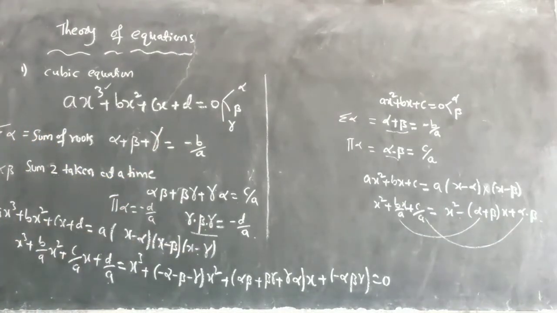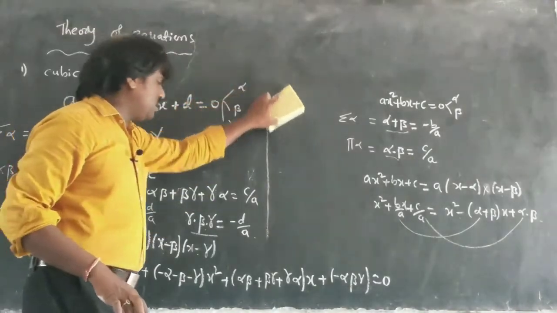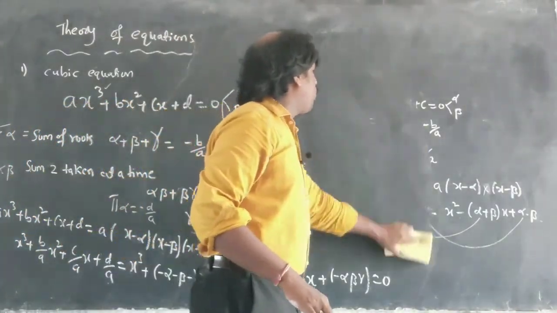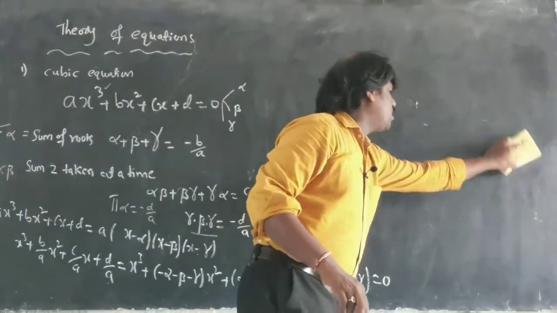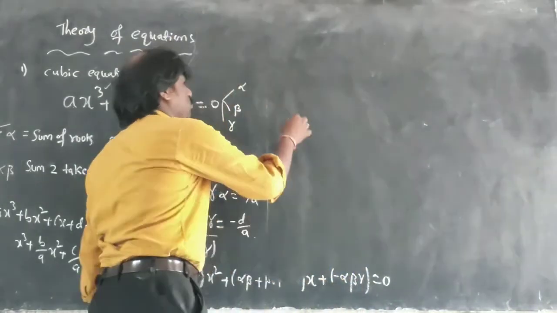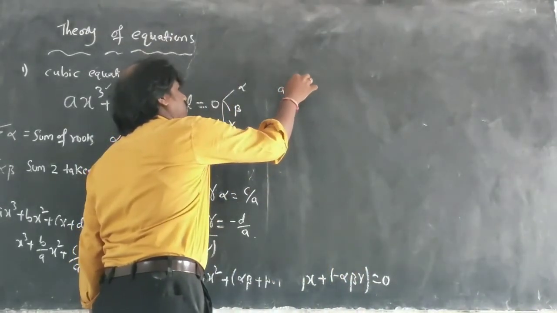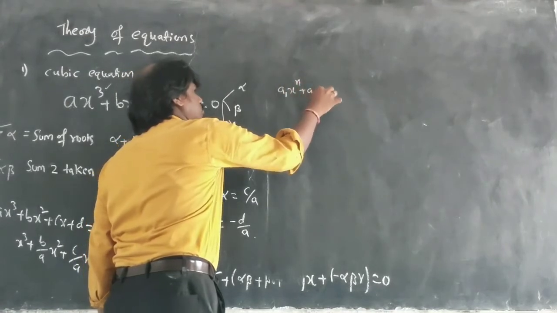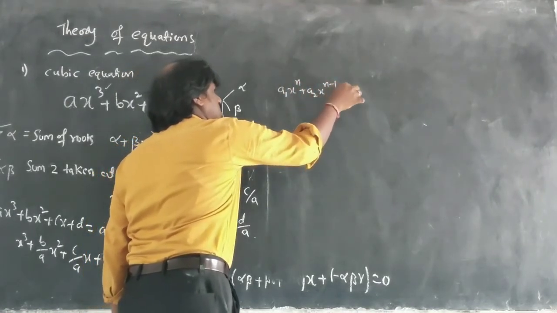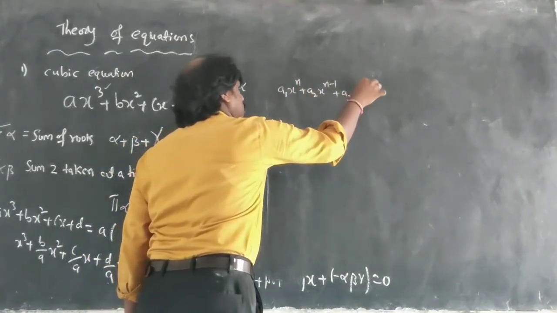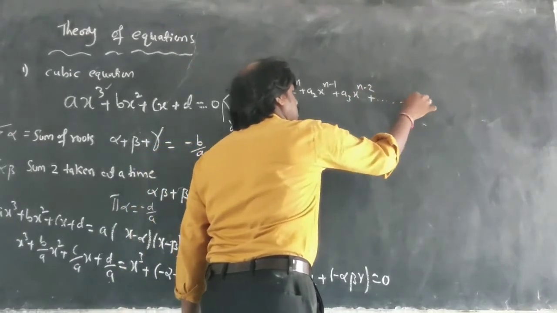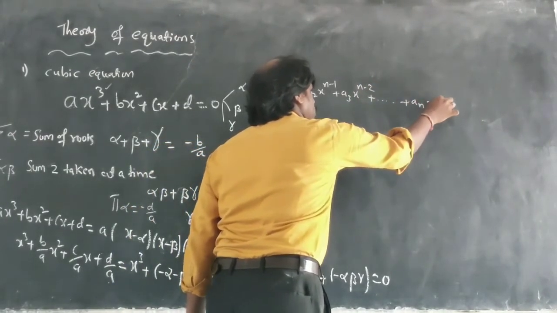Otherwise you just keep this the same. So as you understood now, the quadratic and cubic equation roots are like this. If you have n roots, then what is the answer? N roots are there, then what are you going to write? Suppose you have a1 x power n plus a2 x power n minus 1 plus a3 x power n minus 2 plus so on plus an is equal to 0.